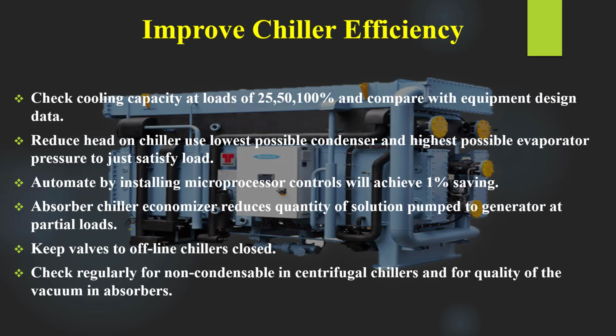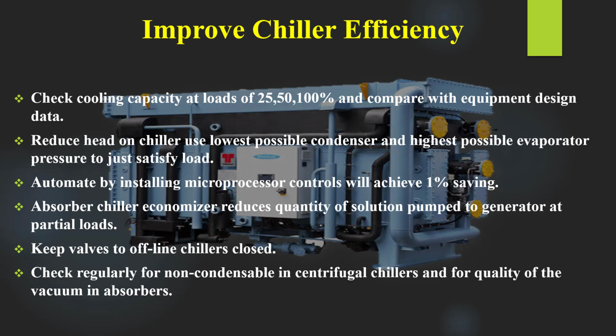Improve chiller efficiency. Check cooling capacity at loads of 25, 50, 100% and compare with equipment design data. Reduce head on chiller use: lowest possible condenser and highest possible evaporator pressure to just satisfy load.